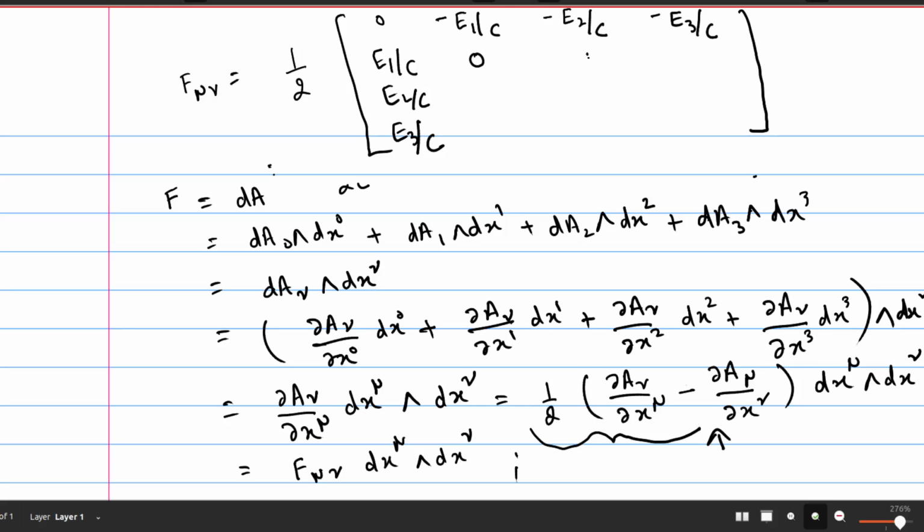F12 is B3, the third component of the magnetic field. Then we have minus B2. Here we have minus B3, then 0. Then we have B1. Here we have B2, then minus B1, and then 0.